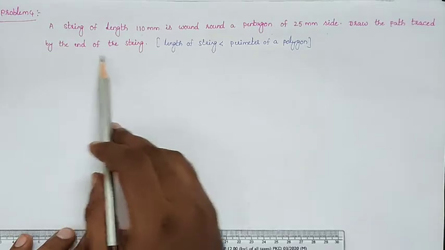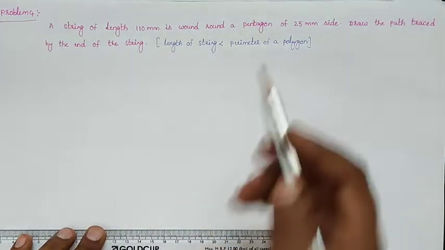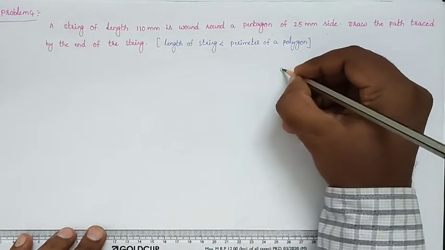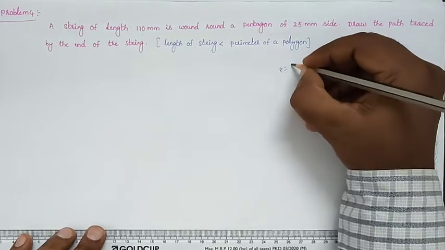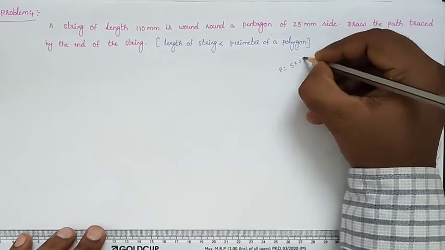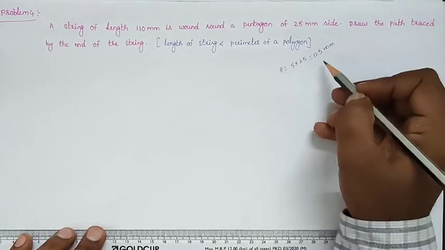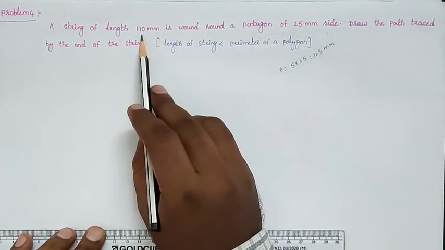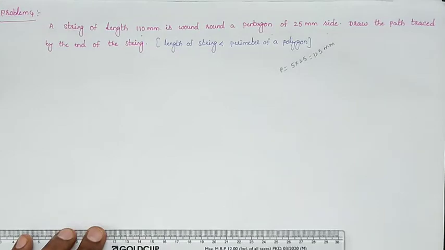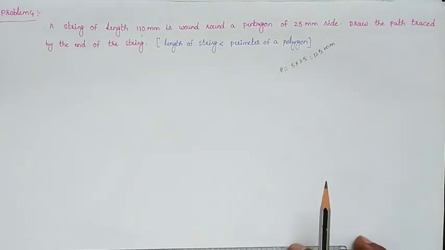Draw the path traced out by the end of the string. If you find the perimeter of the pentagon, 5 into 25, that is equal to 125 mm. So the perimeter of the pentagon is greater than the length of the string here. In this condition, how will we draw the involute?